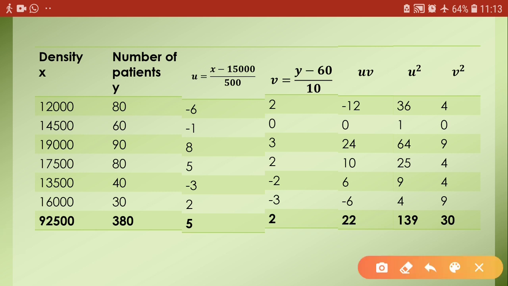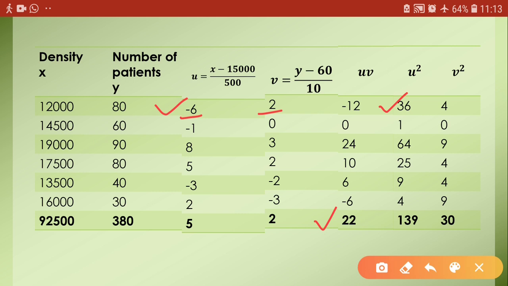We will find UV. So UV is basically the multiplication of these two, and you have to consider the sign very seriously. Minus 6 into 2 is minus 12, minus 1 into 0 is 0, 8 3s are 24. As you solve this, your total of UV is 22. Then U square. How will you find U square? Square of minus 6 is 36.